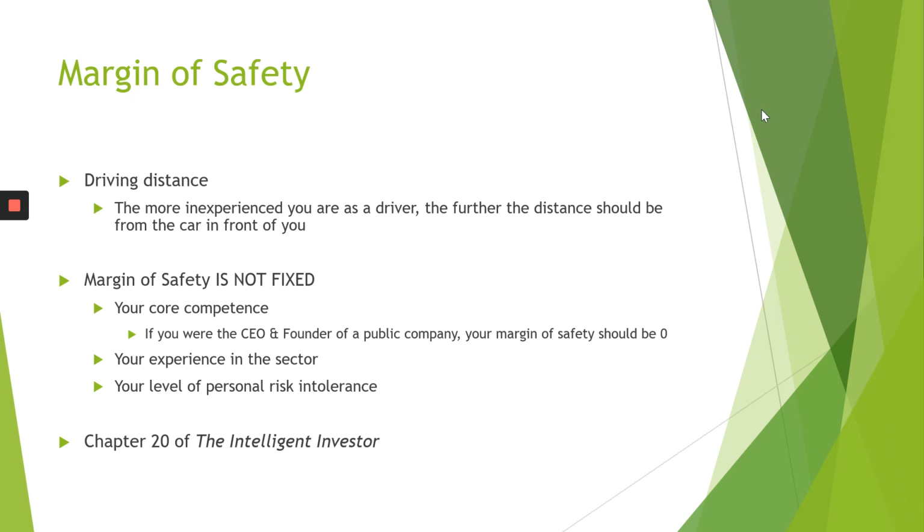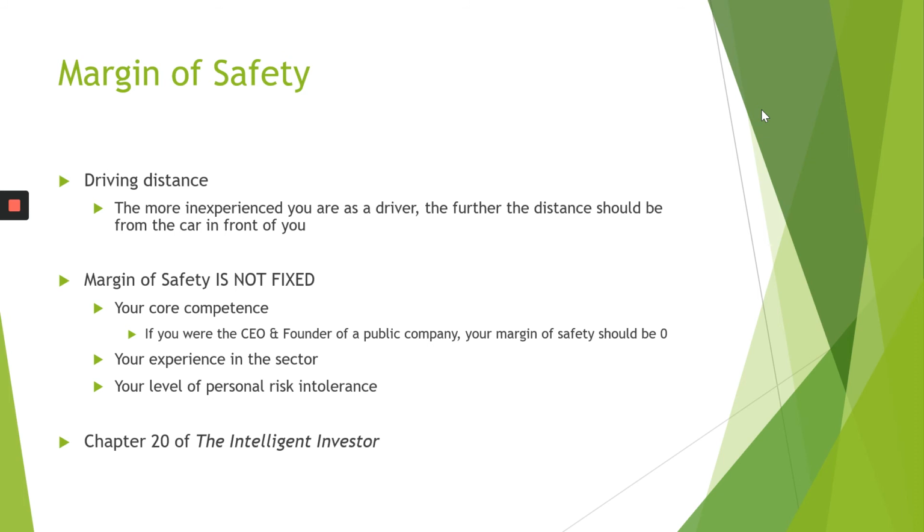And margin of safety varies in investing with your core competence. So just to go back to the NASCAR analogy, if you're the CEO and founder of a public company, your margin of safety should be 0, because no one should know more about that company and its future growth prospects than you.